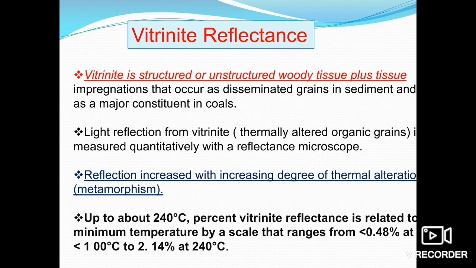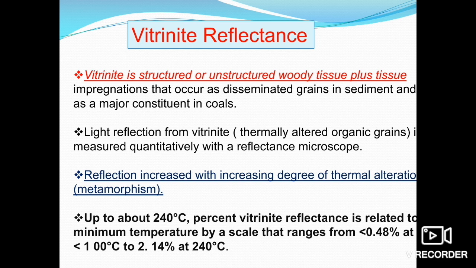The next one is vitrinite reflectance. Vitrinite is a structured or unstructured woody plant tissue with impregnations that mainly occurs as disseminated grains in sediment and as a major constituent in coals.